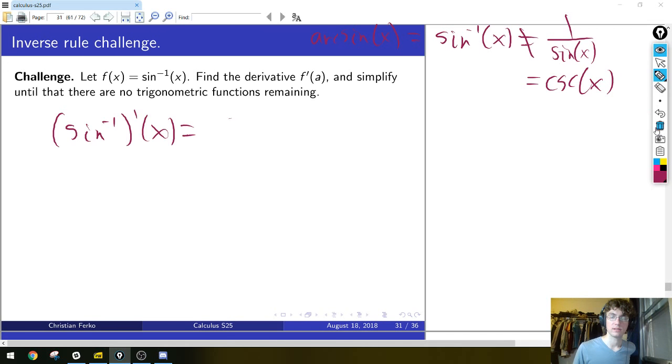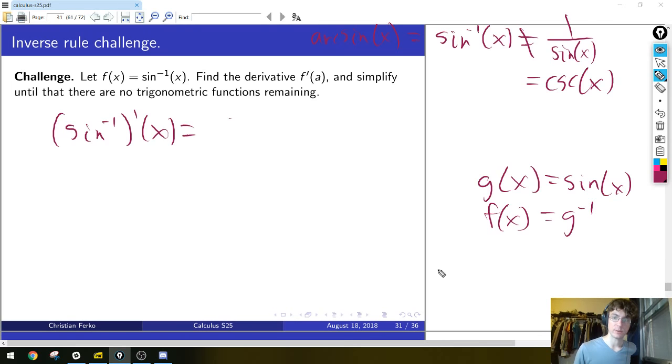Okay. And one would have been in a different spot if it was the multiplicative inverse. Thinking still. Good. Maybe it's more helpful if I write it this way. So we could define g of x as sine x, and then f of x, the thing that we're looking at, is g inverse.